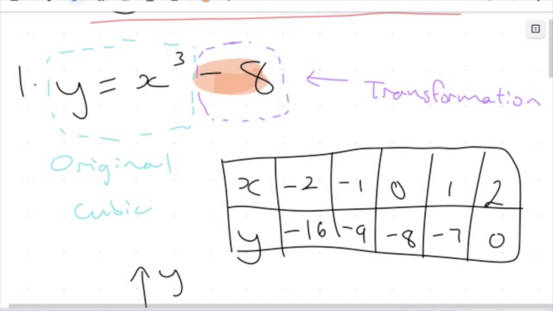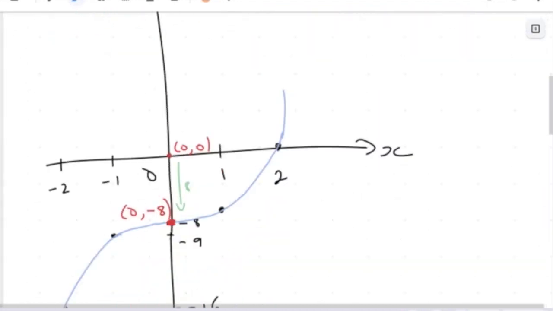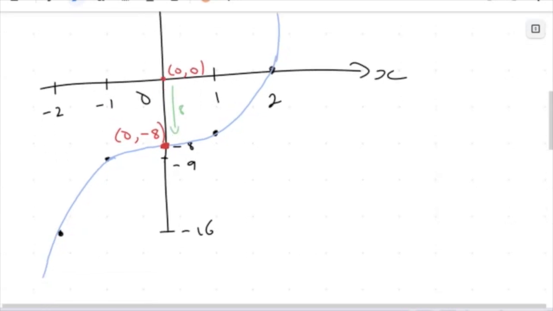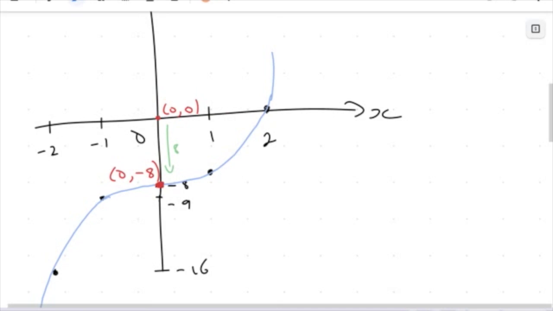So this shifts it either up or down. When this sign is negative, it's going to shift down. When the sign is positive, it's going to shift it up. But we can confirm this using our table of values. So here we can clearly see that the point of inflection has moved, and the entire graph itself has actually moved down.